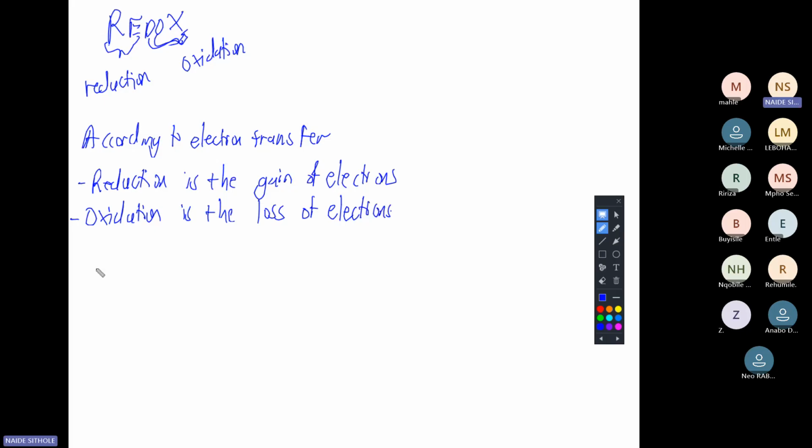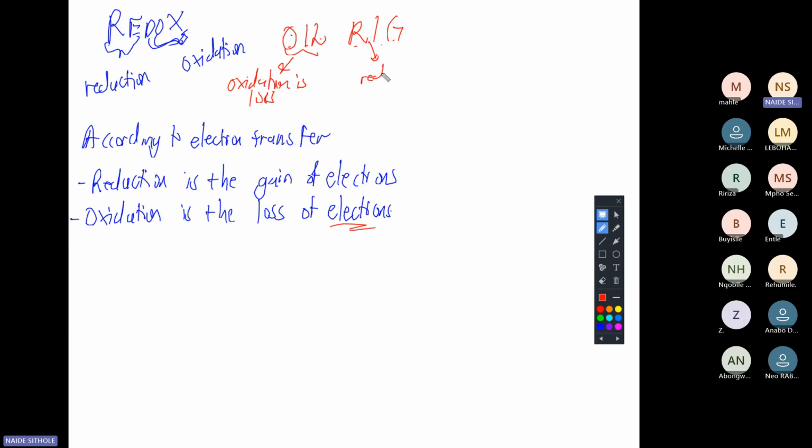A simple way to remember that is by using OIL RIG: oxidation is loss, reduction is gain. Loss of what? Electrons. Remember, redox is simply an electron transfer reaction. And RIG tells us that reduction is gain.